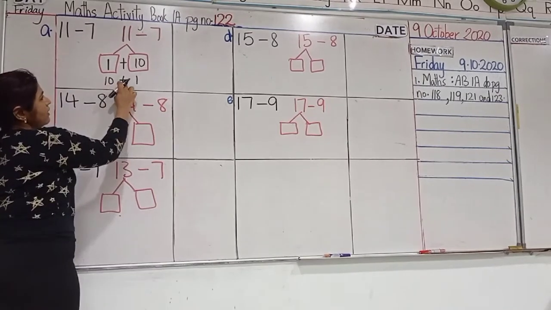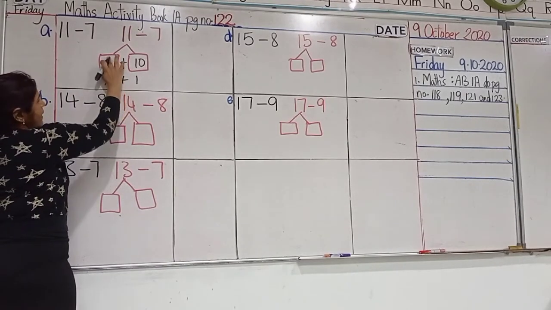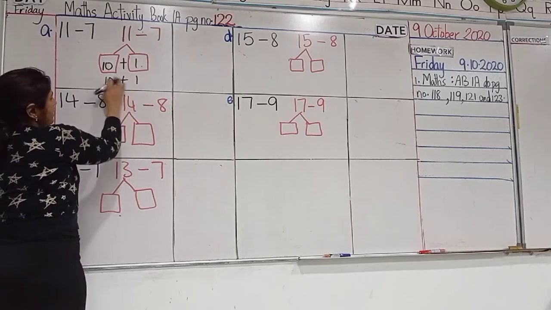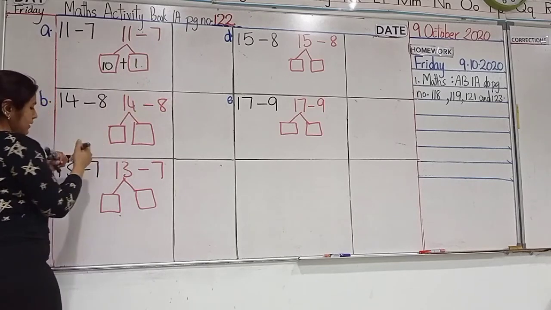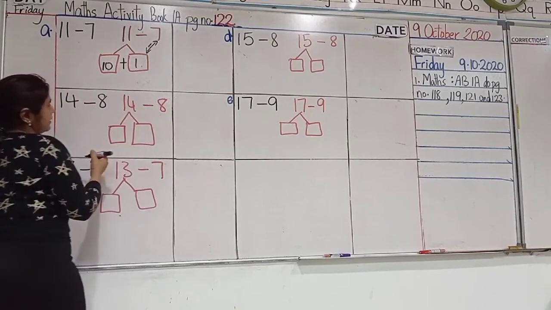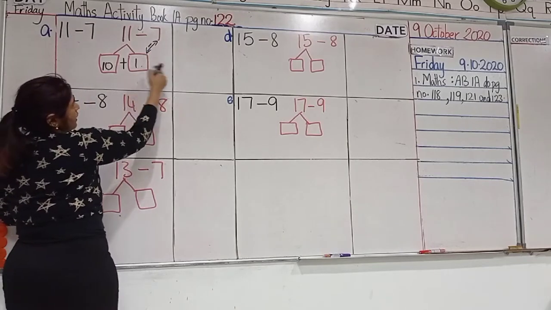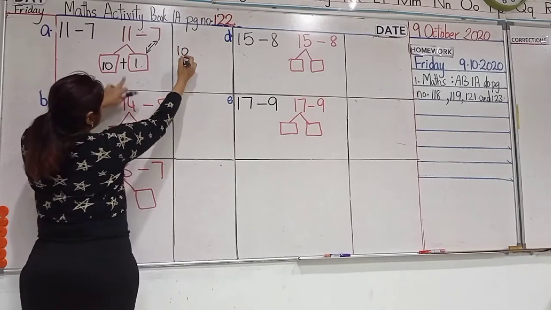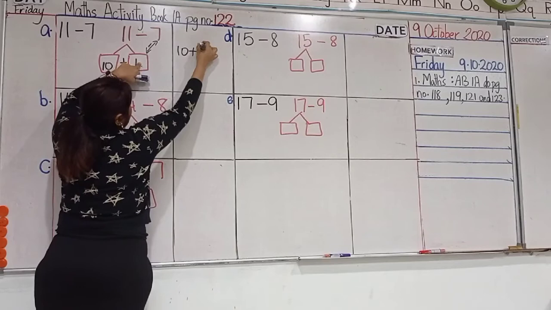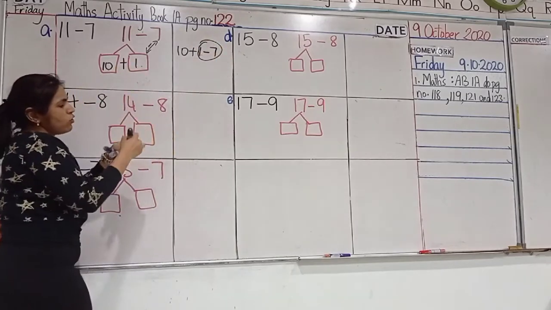If I write 10 plus 1 like this, and then I draw pointers here and write minus, what would be the equation? 10 plus 1 minus 7. Now you look at this, focus here.